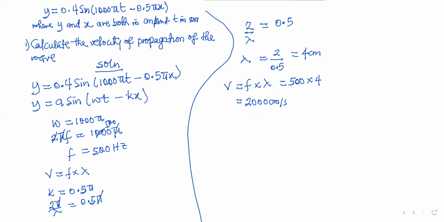The second question demands that we calculate the distance covered by the wave in 5 complete cycles. For 5 complete cycles, 1 complete cycle is a wavelength. So we calculated lambda and got 4.